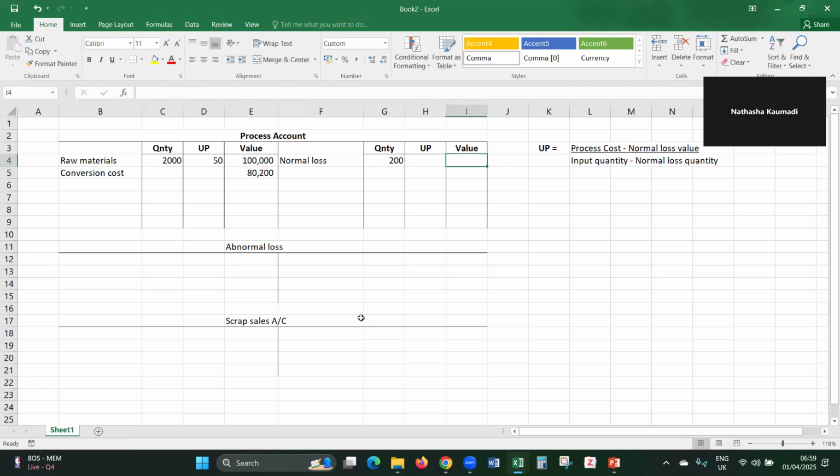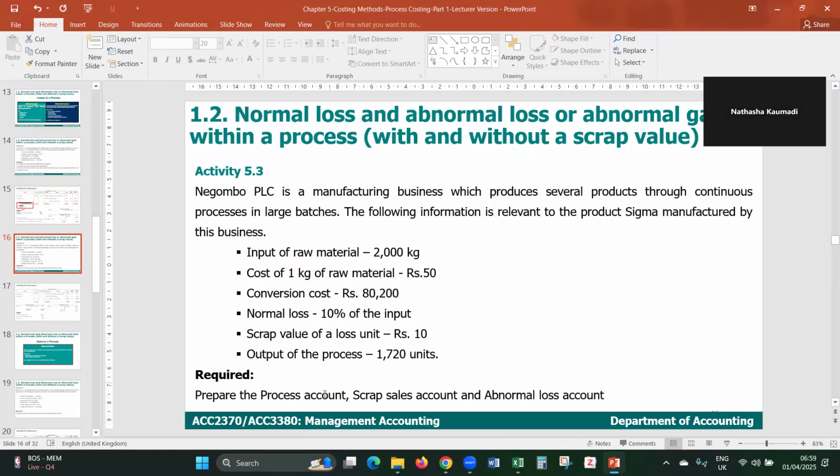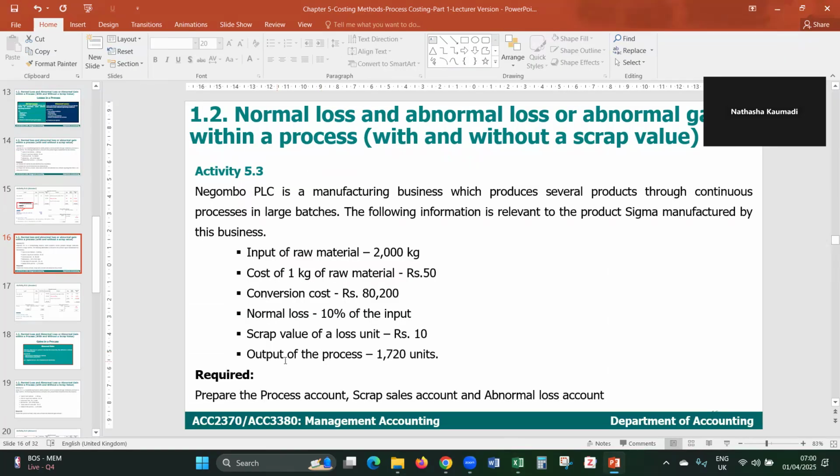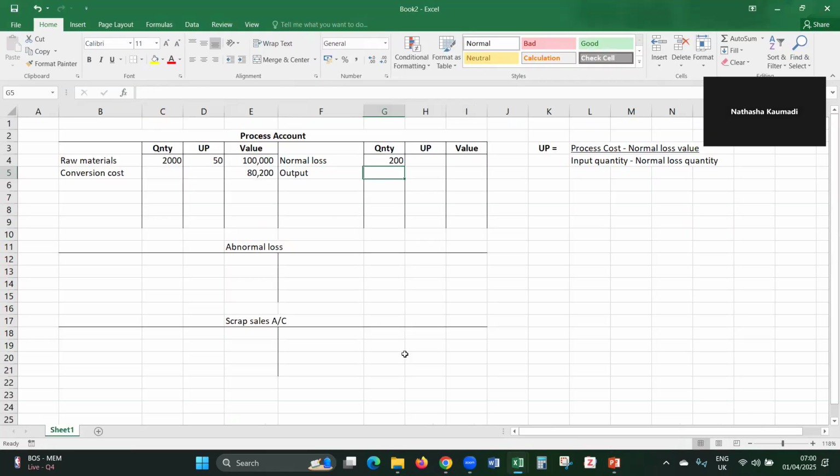But see, there's a difference here. As you can see, we can sell these loss units as well. So that's the difference. We'll come to that point later. And usually we write the output as well: output transfer to the next process, 1720. So I will write that number as well.